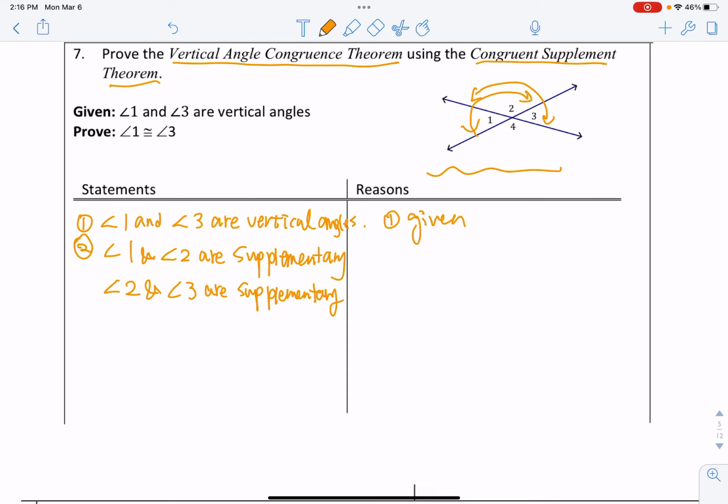Because of that, you can conclude, I will say here as number 3, angle 1 is congruent to angle 3. As for number 2, angle 1 and angle 2 are supplementary, angle 2 and angle 3 are supplementary. It's because of the linear pair, so we can say it's the linear pair postulate.